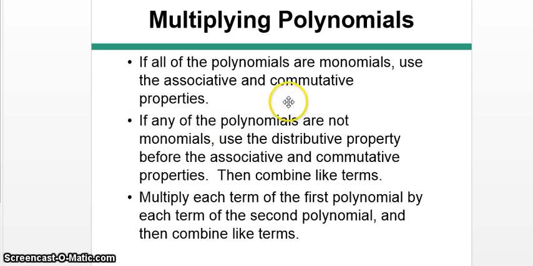If any of the polynomials are not monomials, use the distributive property before the associative and commutative properties. Then combine like terms.